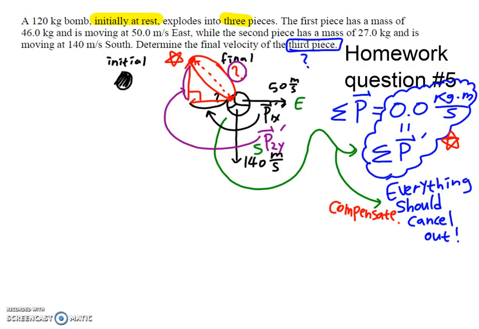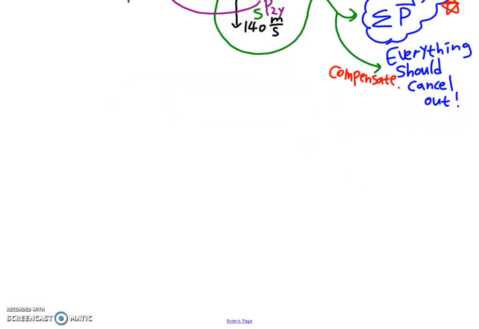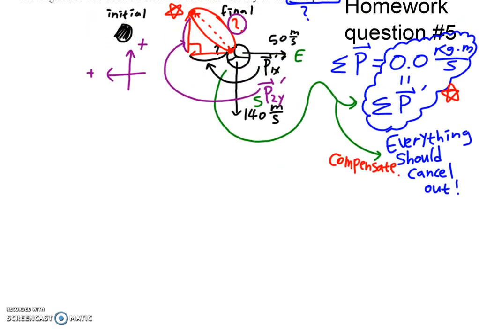What I'm going to do is decide left, up, or west, north. In this case, technically west and north is a correct way of notation, as positive and positive. And I'm going to say this P1X, which is my m1 v1 final.